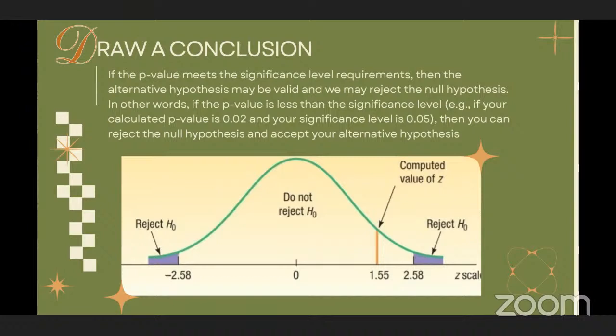So if 1.55 is not in the shaded area, then do not reject the H sub 0, the null hypothesis, while if it is in the shaded area, then we reject the H0.